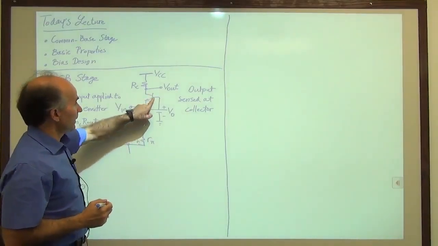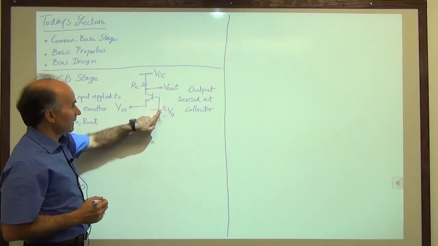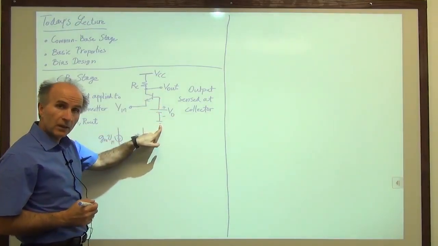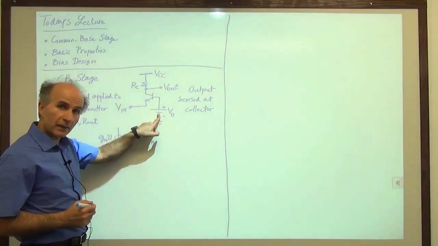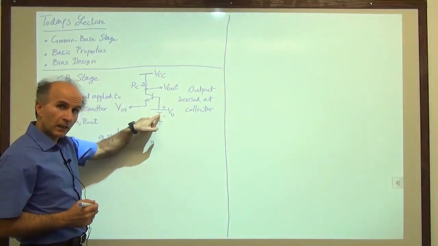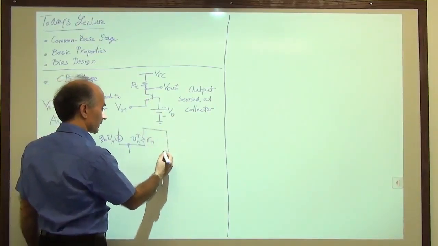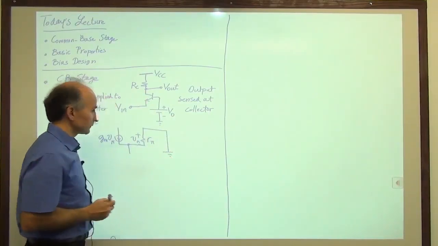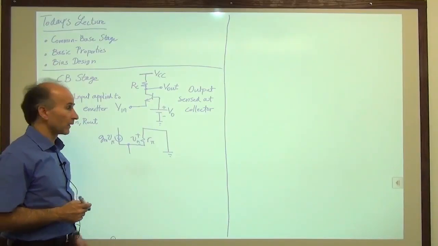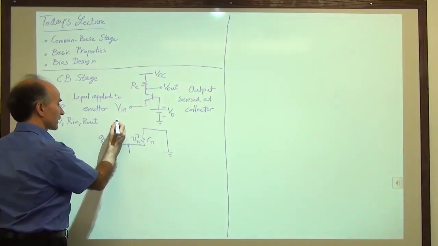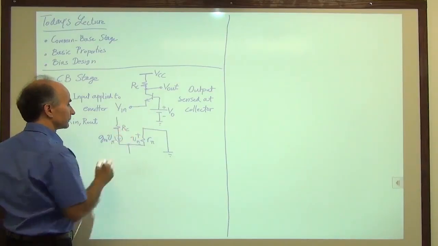Okay, what happens to the base? The base is connected by a constant voltage source to ground. So because this voltage source does not change with time, it will be set to 0. A 0 means a short circuit, so that goes to ground. The collector goes to a resistor. So here's our resistor RC.